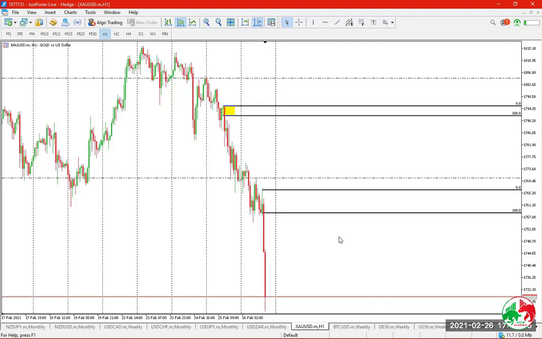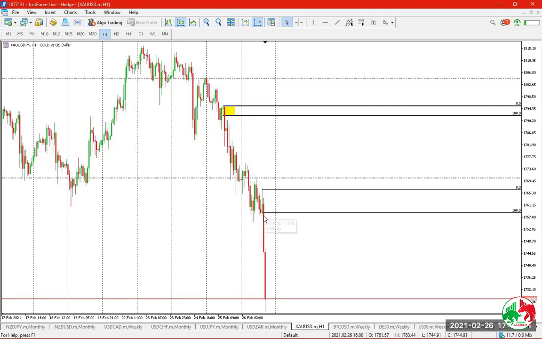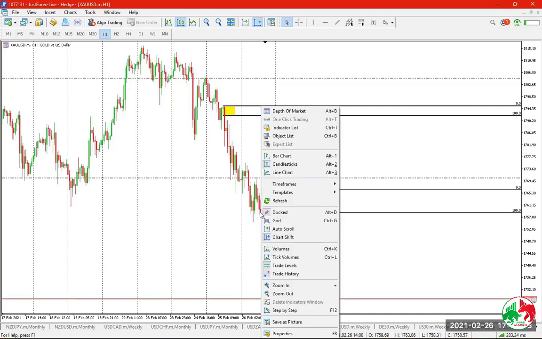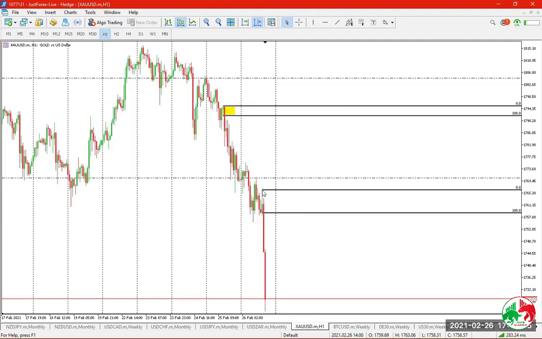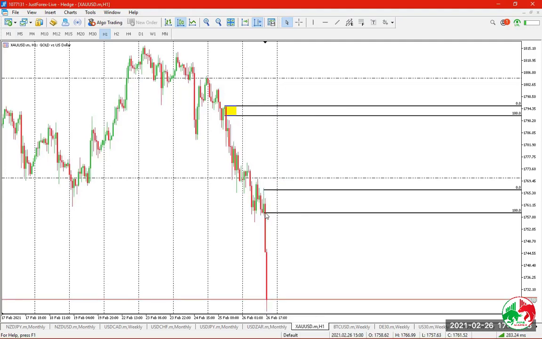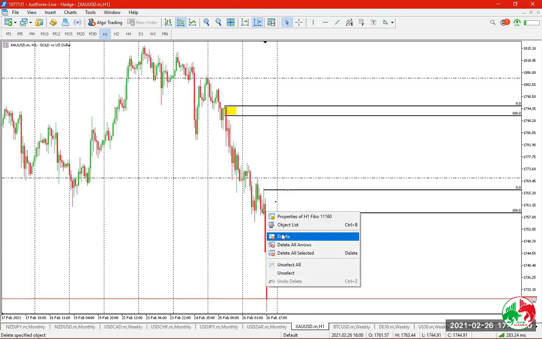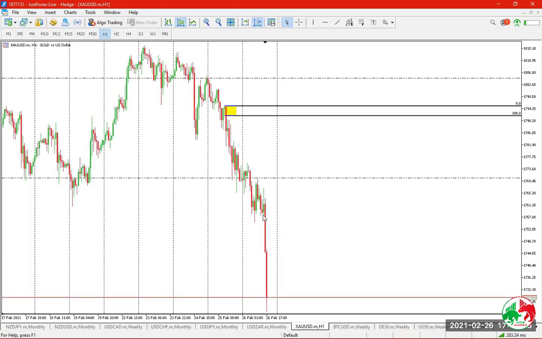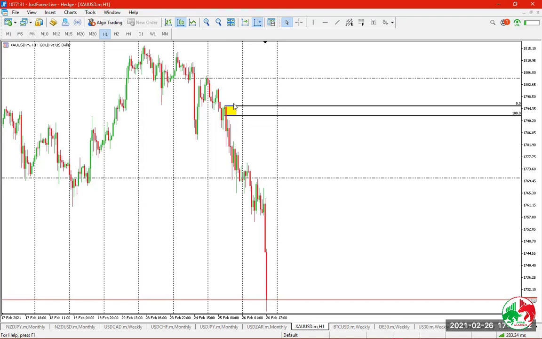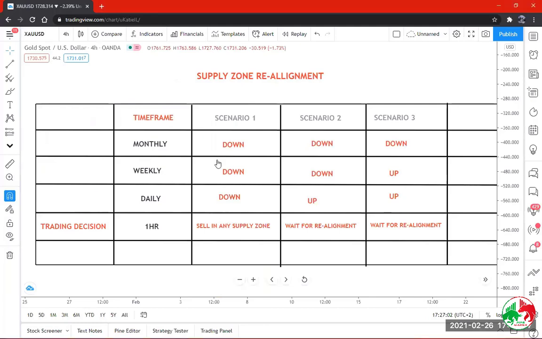So if there's no clean imbalances for today, then this zone would still be valid. So that's scenario one for supply zone.